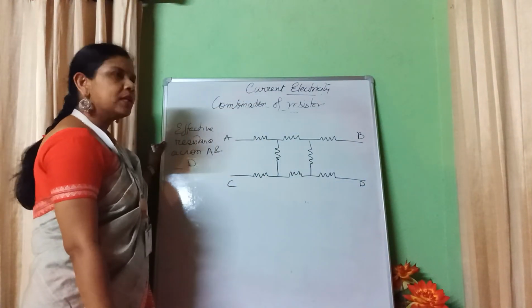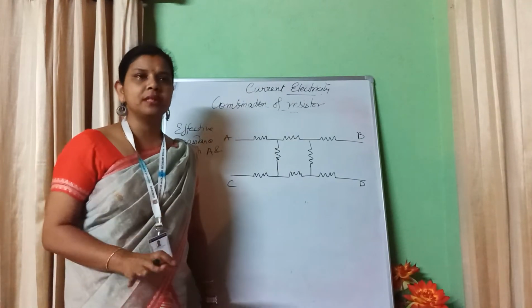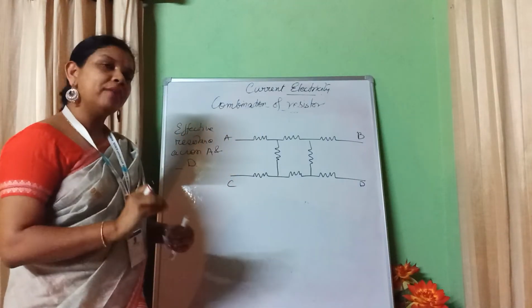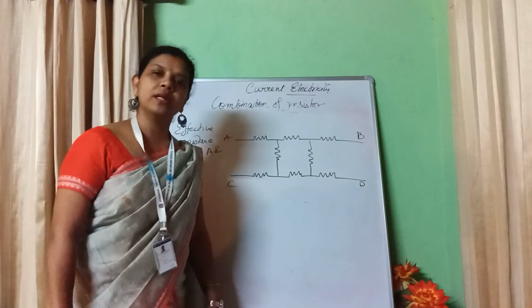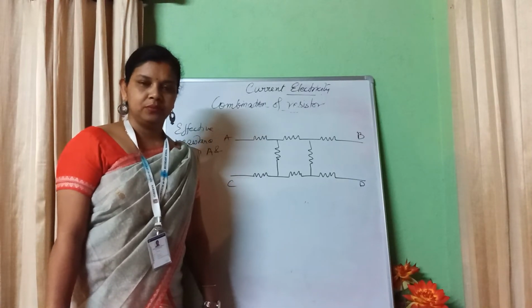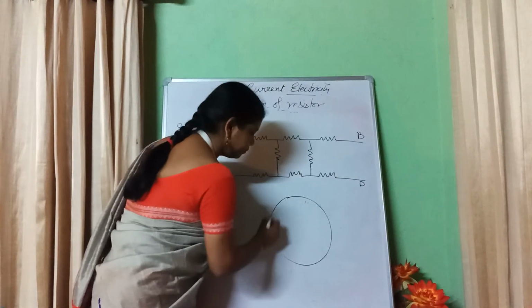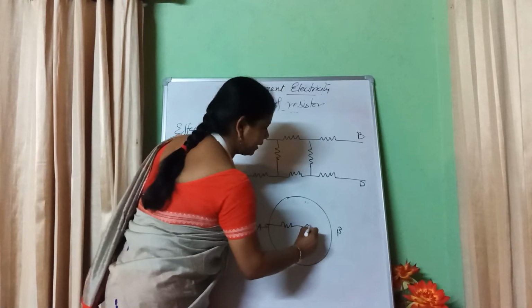See, when a question comes that you have to calculate the effective resistance across two points, we have to assume that across those two points we are connecting a battery or a cell. If I am drawing like this, this is my terminal A, this is terminal B, we have a resistor like this.